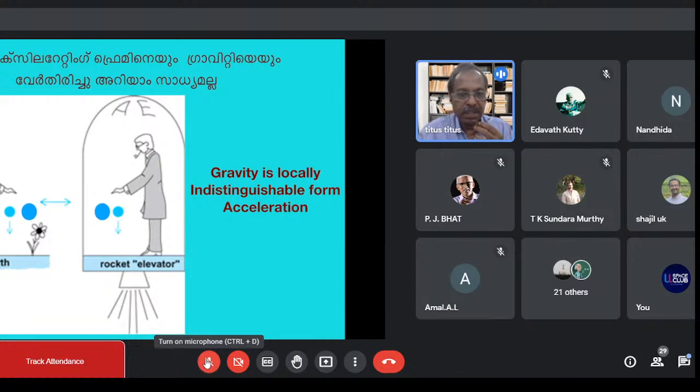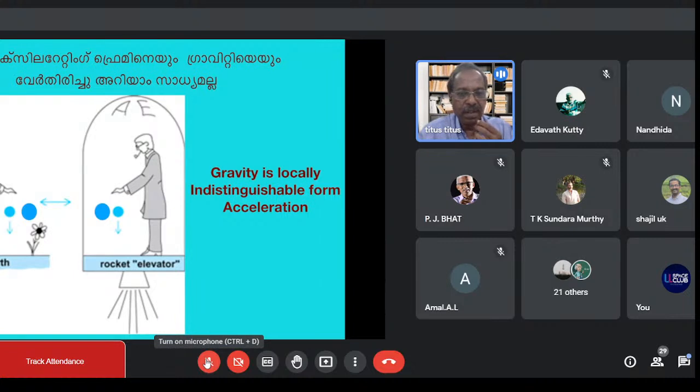Let me repeat my statement. The man is dropping two balls at a given height above the earth's surface, and the balls are of different masses, and these two balls fall down equally fast and hit the ground at the same time, irrespective of the differences in their masses. This is a common experience, right?